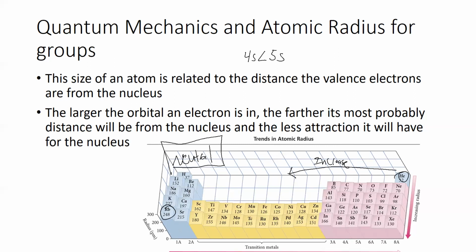Now, there are exceptions to this, but in general, as you go down and to the left, for neutral atoms, atoms get bigger. So just remember that. Down to the left, neutral atoms become bigger.